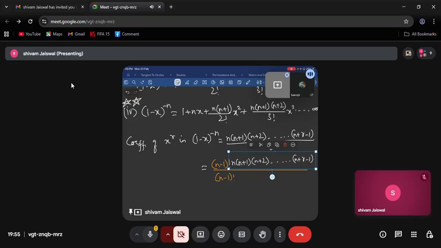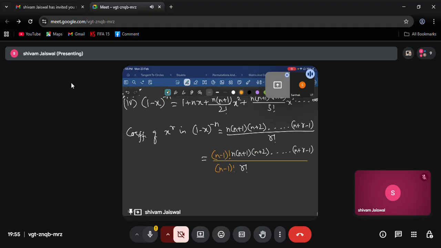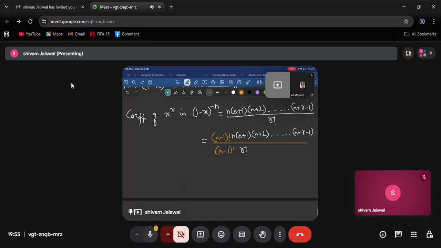Raktim, Anandit, Devang, Sokrit, Sarthok, Nemil, yes. So this will become n plus r minus 1 whole factorial. Sorry, this will become n plus r minus 1 CR.